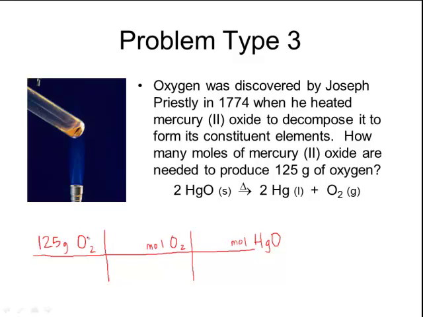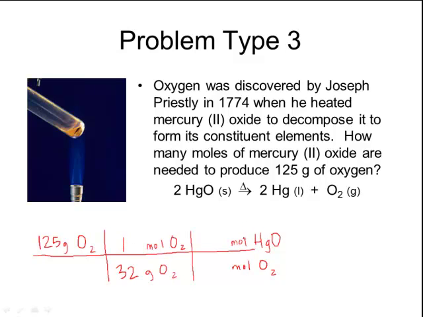So the top boxes match the squares on your mole map. The bottom units are whatever are needed in order to cancel out. So grams of oxygen and moles of oxygen. And then I can plug in my numbers. Anytime I'm converting between grams and moles, I need the molar mass of the substance. Since my chemical is oxygen, or O2, my molar mass is 32 grams per mole.